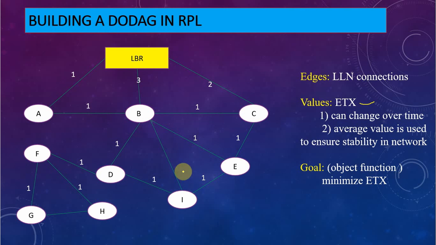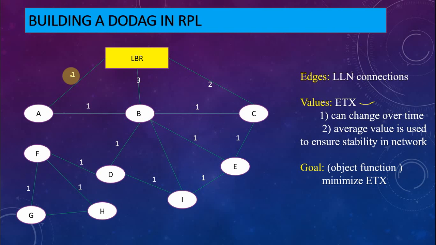In this network there are, let us say, nodes A, B, C, D, E, F, G, H, I, up to I, and the weights on these branches are, let us say, the time required for data transmission. From A to the LBR the time required is 1 second.